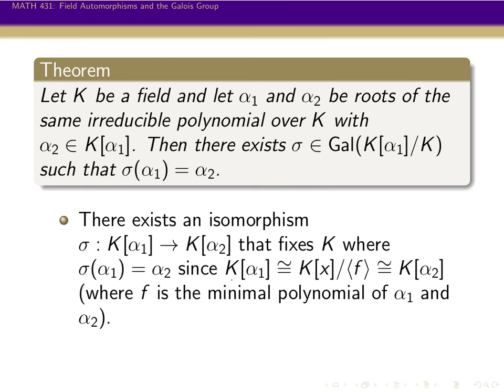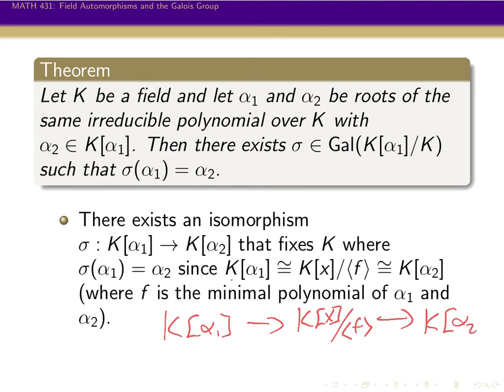And in this chain of isomorphisms, from the way we talked about it at the beginning, alpha 1 is getting mapped to X, and then the isomorphism from K adjoin X modded out by the minimal polynomial to K adjoin alpha 2 is sending X to alpha 2.